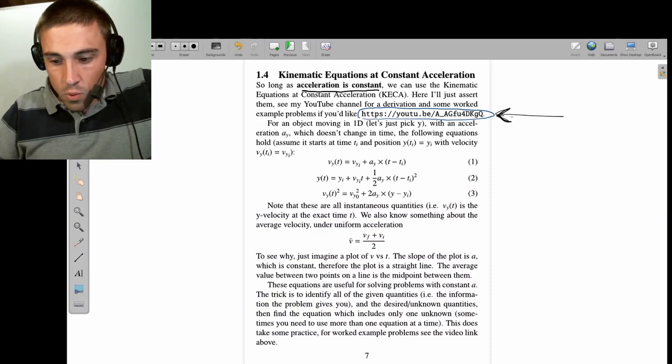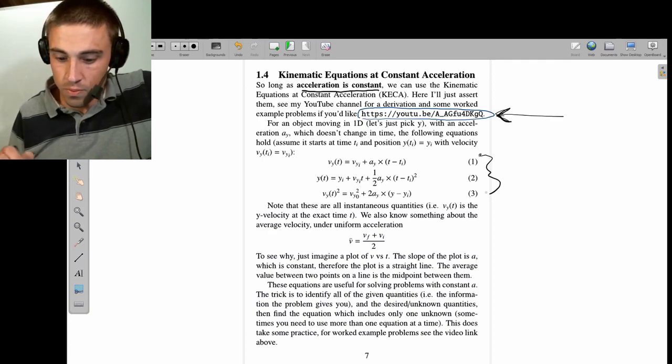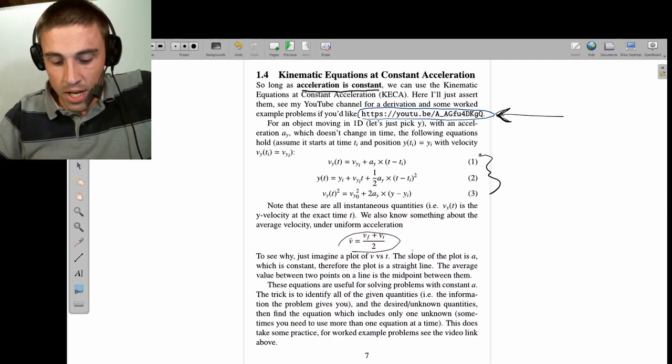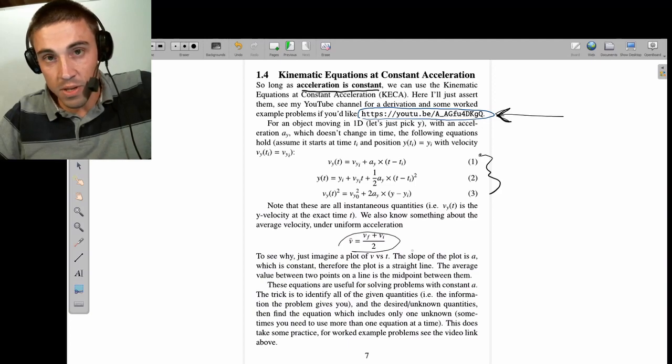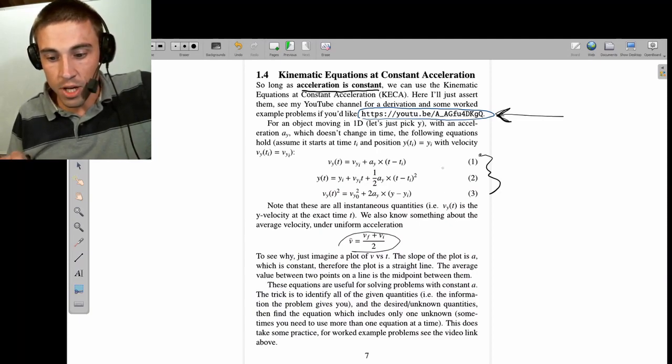Basically, these are the 3 equations that'll be most useful for you. And if you're asked for something that's an average velocity, there's an equation that's useful there as well. The way that these play out when you're solving problems is essentially you're going to pick up information from the statement of the problem, and you're going to have to match up where that given information goes into the different equations here.